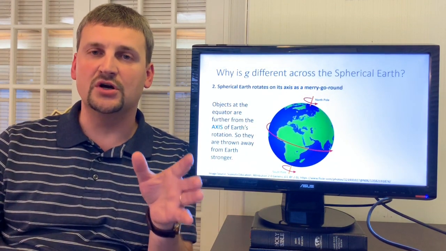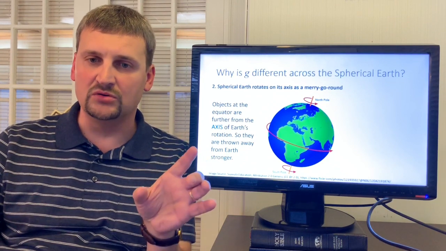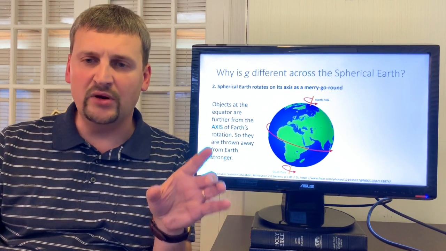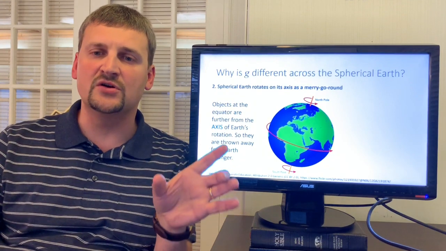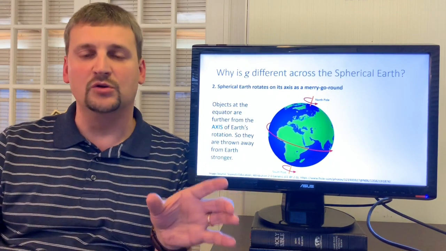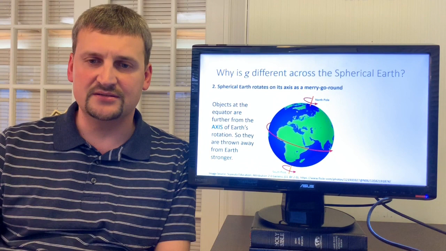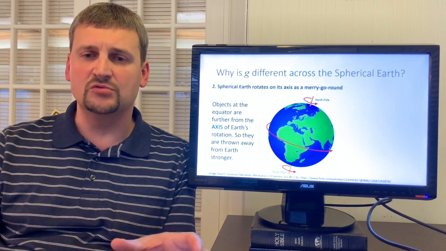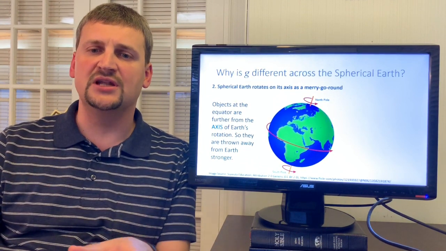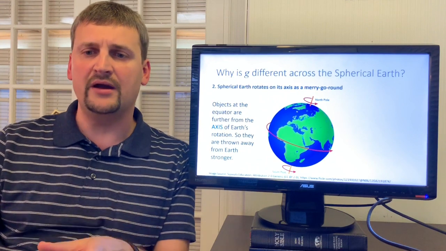Secondly, because Earth is squeezed at the poles, objects at the equator are located further away from the axis on which spherical Earth rotates. Spherical Earth's rotation works pretty much like rotation of the merry-go-round.